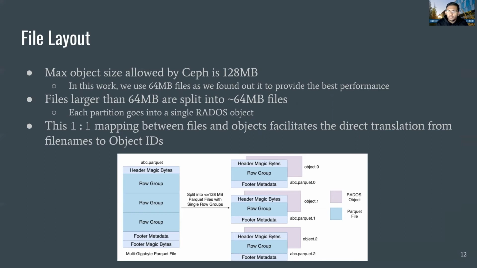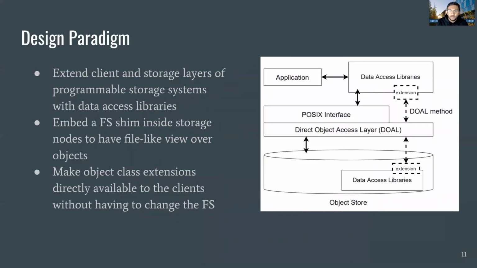So why do we need this direct translation from file names to object IDs? As we discussed in the previous slide on the design paradigm, the data access libraries on the client side need to invoke the user-defined functions on an object. But the data access library on the client side just has access to files in a POSIX file system.